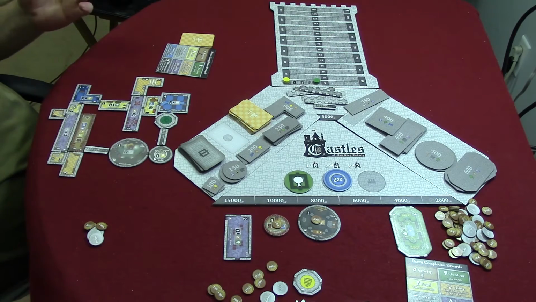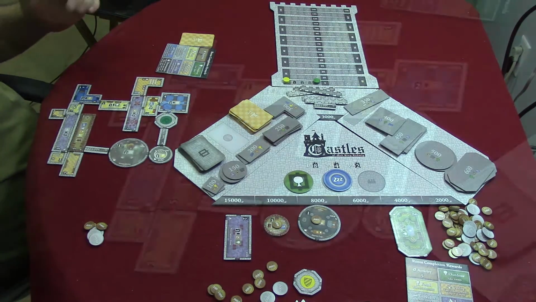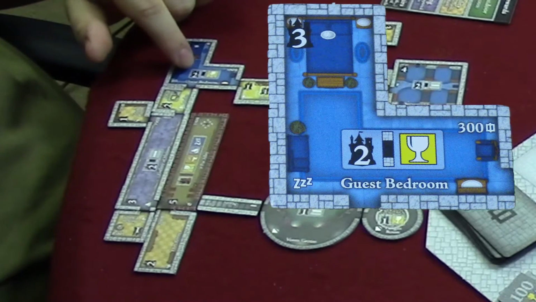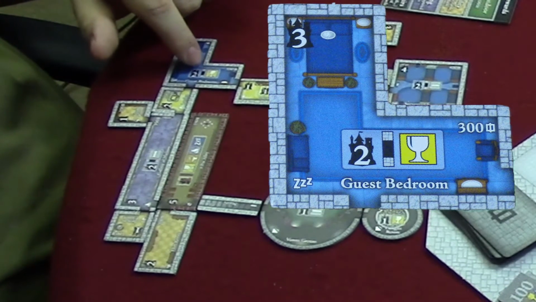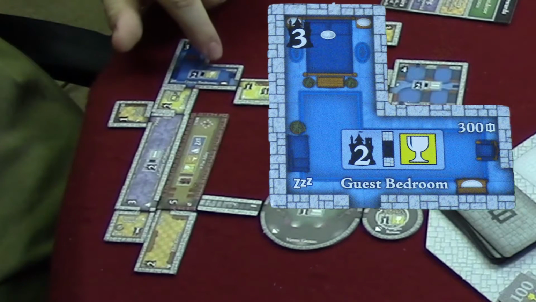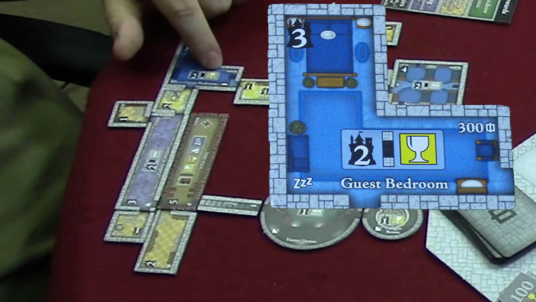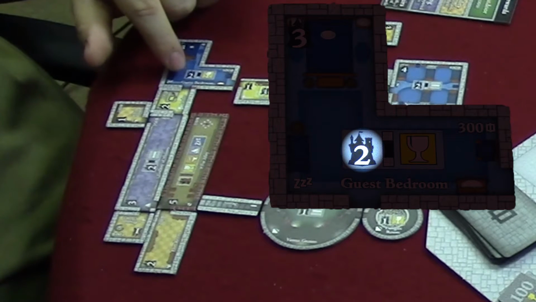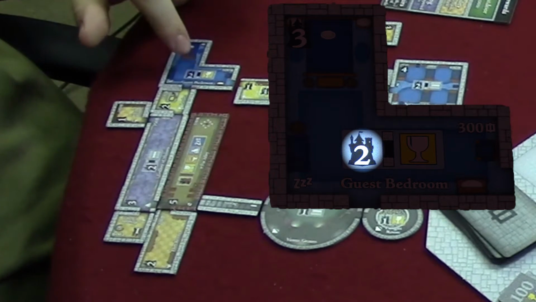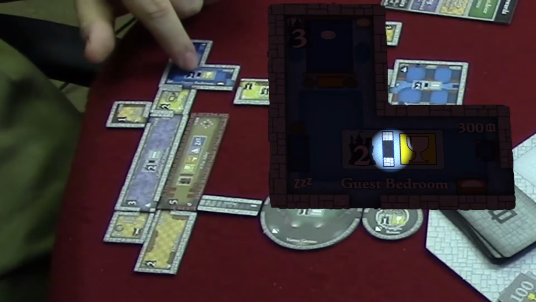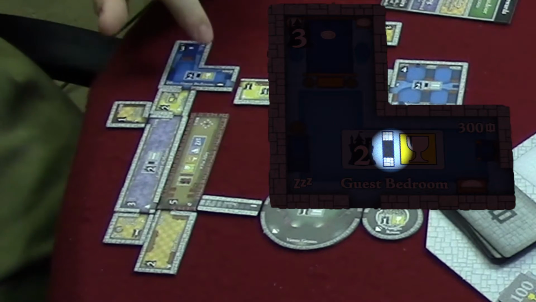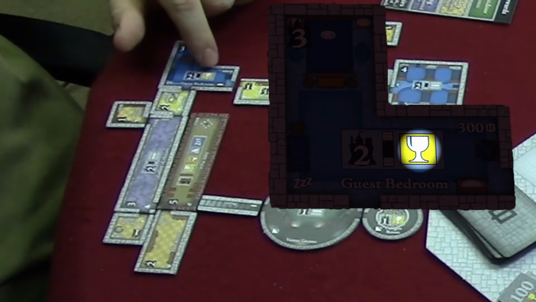Now there are 3 different types of these center symbols. The first one we have here is that we will gain points when this room is connected to a room with a specific symbol. So the guest bedroom here, we will gain 2 points when this room is connected to, that's what this symbol in the center means, a food room.